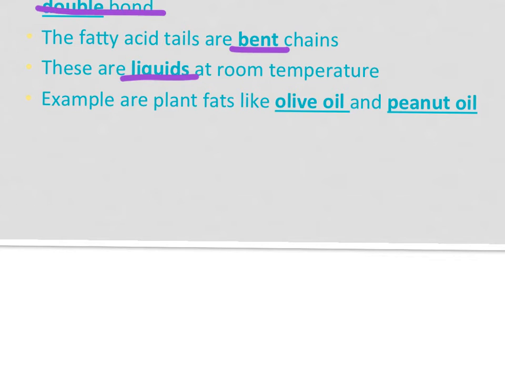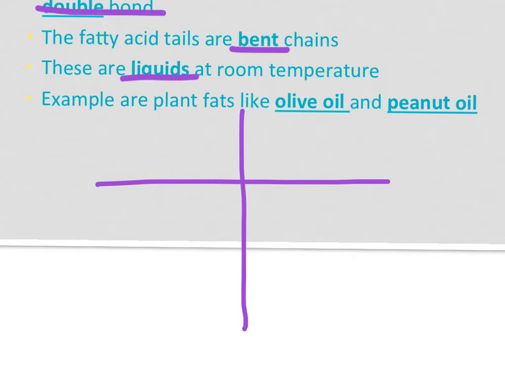So, as a reminder, I would find some more open space and I would create a T-chart. Just like this. Okay, on the one side of the T-chart, I would write saturated.